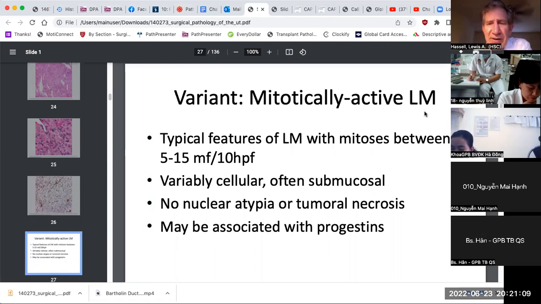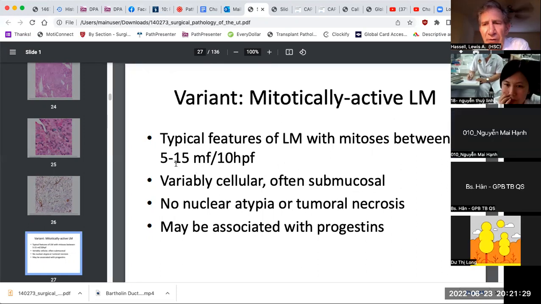This is a smooth muscle tumor without nuclear atypia or tumor-like necrosis that has a mitotic rate between 5 and 15 mitotic figures per 10 high power fields. So it's in that realm where you would find them, probably with some degree of ease, but there's none of the other features.